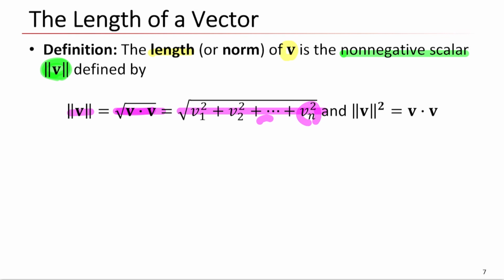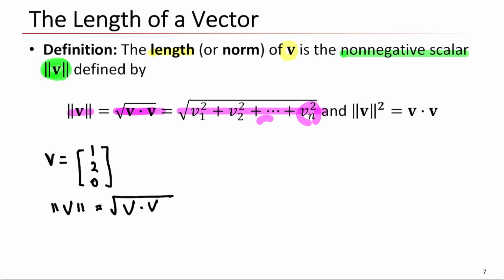For example, let's say we have a vector v equal to (1, 2, 0). Then the length of v is the square root of v transpose times v, that is v dot v.